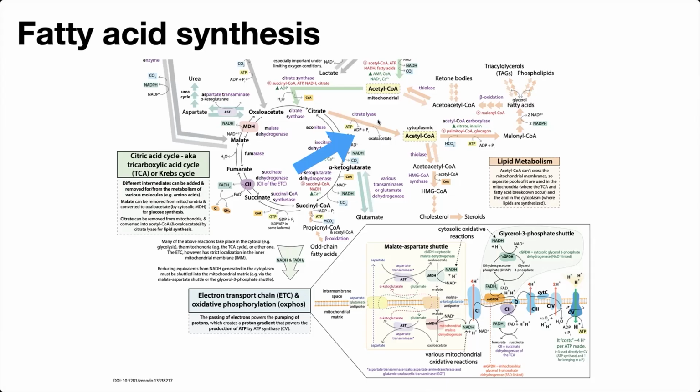The citrate lyase step is going to be what makes the acetyl-CoA from citrate. It basically chops off the oxaloacetate, and you're going to have to spend an ATP in order to do this. The citrate lyase step is going to be important for allowing us to get the acetyl-CoA equivalent out of the mitochondria and into the cytoplasm, because the cytoplasm is where we use fatty acid synthesis.